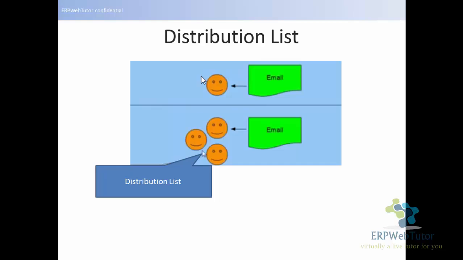You can add all those 10 emails into one distribution list, and then when you're creating the alert, in the recipient, you can just select that distribution list instead of writing those 10 emails individually. It's often used, especially for new hires.